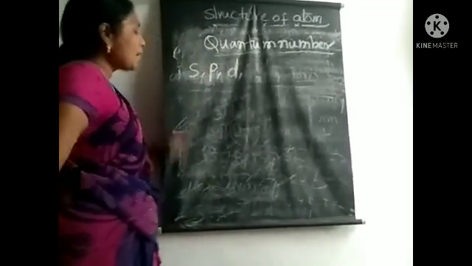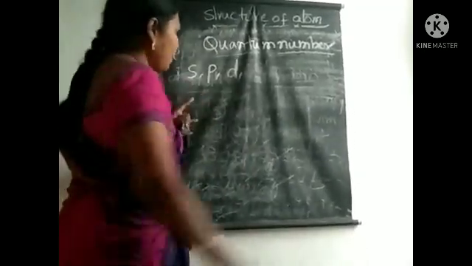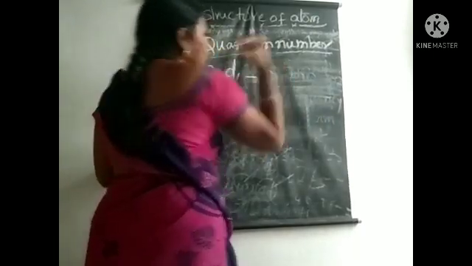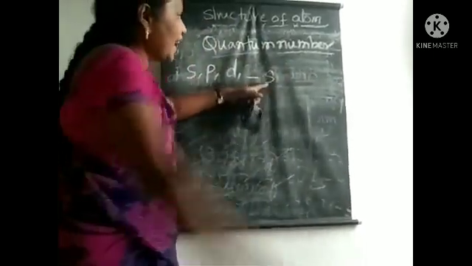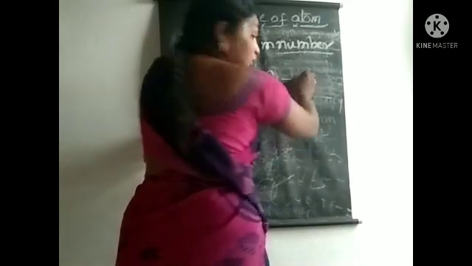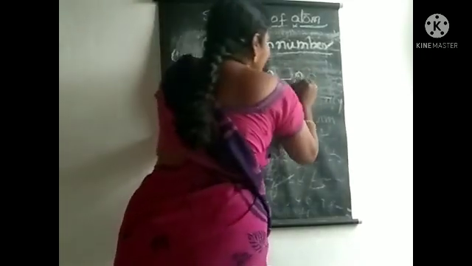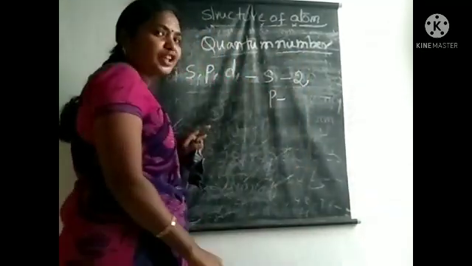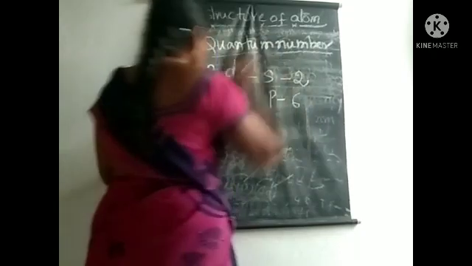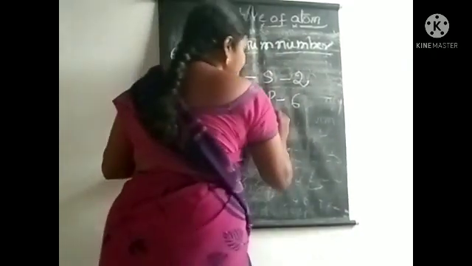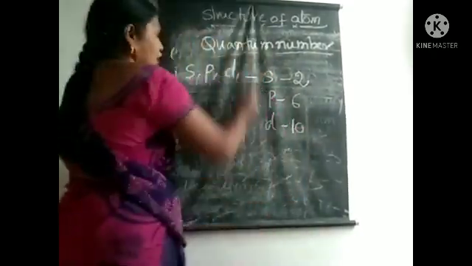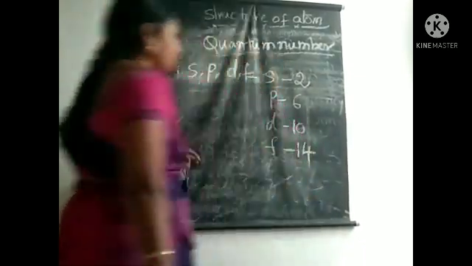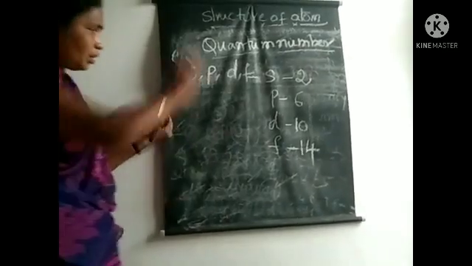The s orbital contains a maximum of 2 electrons, p orbital contains 6, d orbital contains 10, and f orbital contains 14 electrons.